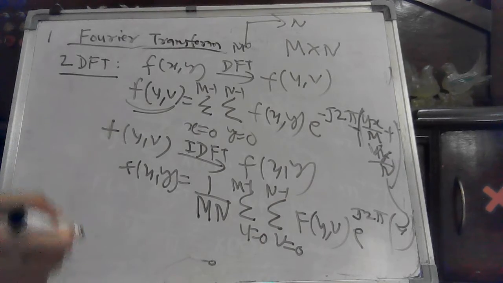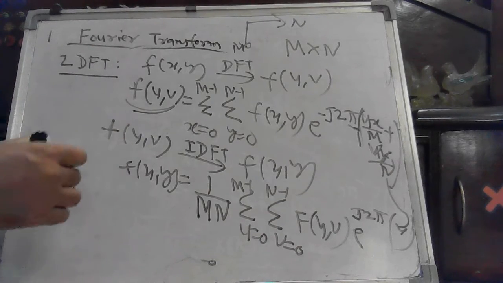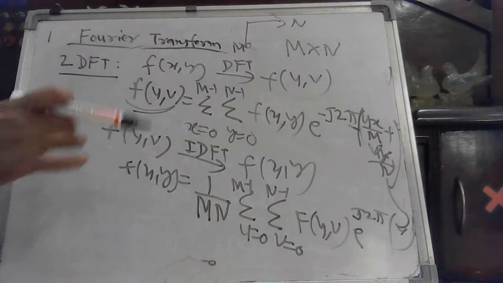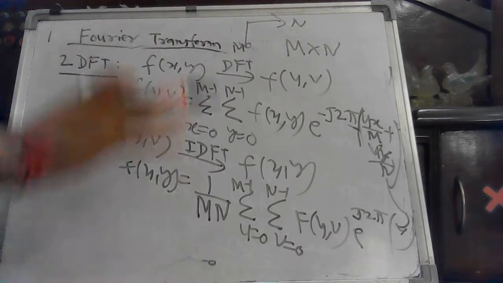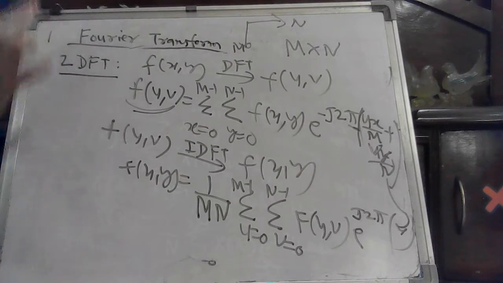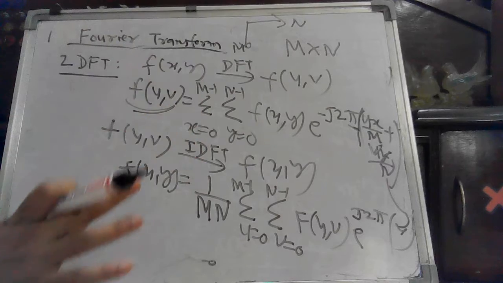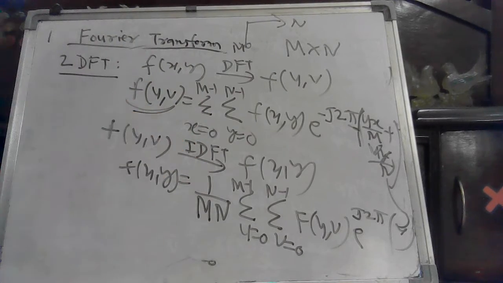Now I will show you a diagram which will tell you how a spatial signal gets converted by using this transform into a form where you can apply your filters, and then after modification you get a result, and how that resultant image can be converted back by inverse Fourier transform to get the enhanced image in the spatial domain.